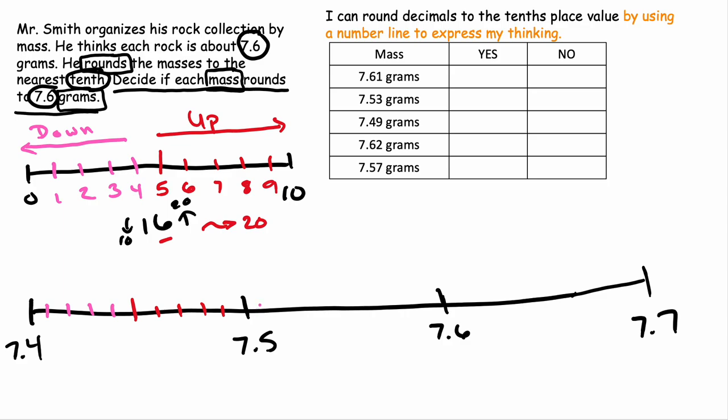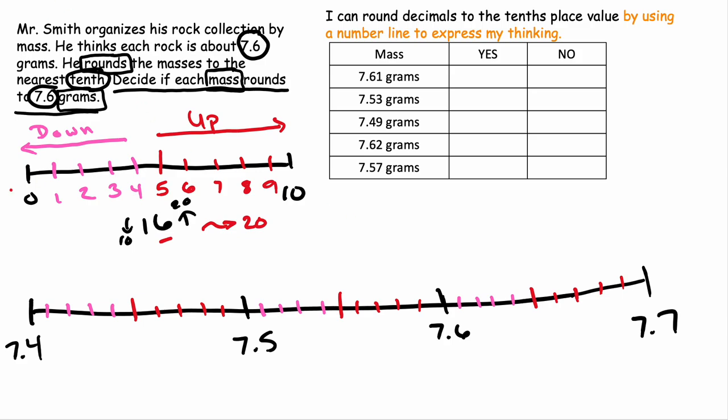So 7 and 51 hundredths, 52, 53, 54, 55, 56, 57, 58, 59 hundredths, 7 and 6 tenths, 7 and 61 hundredths, 62, 63, 64, 65, 66, 67, 68, 69, 70 hundredths, or 7 and 7 tenths.